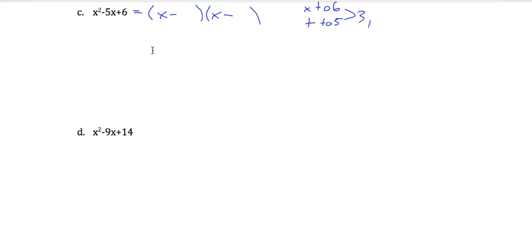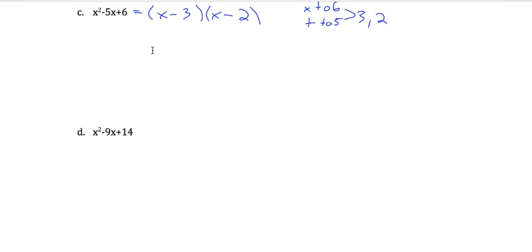Those numbers would be 3 and 2. And if you think about it, guys, this is why this really works. If you multiply the x through and the negative 3 through, what you're going to find is your two terms in the middle are negative 3x and negative 2x, so that's what gets you the negative 5x. But then when you multiply a negative times a negative, you still get a positive at the end, okay?